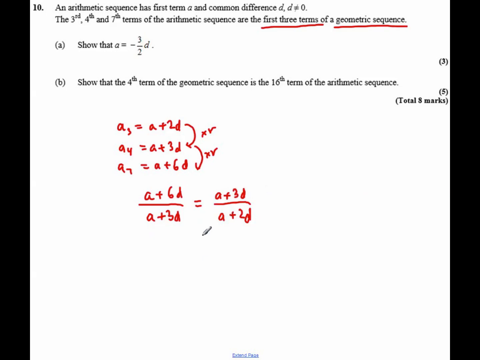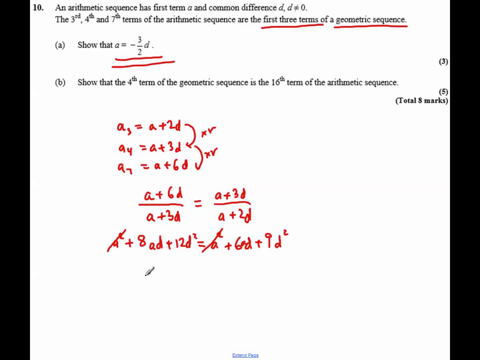We can cross-multiply, kill the denominators, and we end up with an expression which says that a squared plus, if we think about it, 6ad plus 2ad is 8ad, plus 12d squared equals a squared plus 6ad plus 9d squared. Sorry, there should be an a in there. Anything that goes away, well, we have a squared and a squared on both sides, and then we want an expression for a in terms of d.